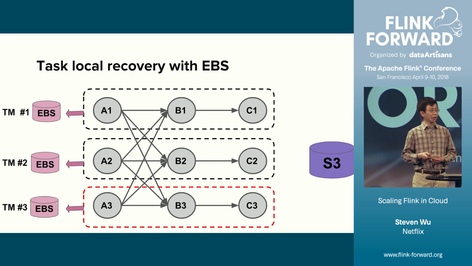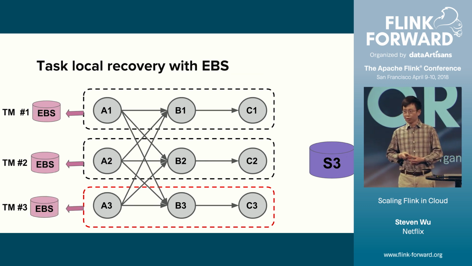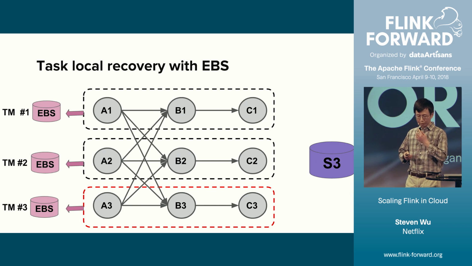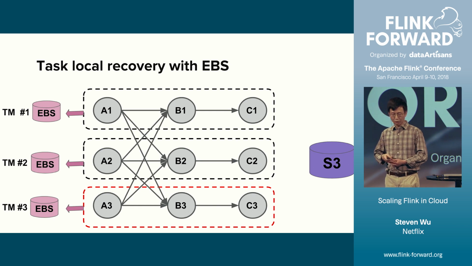And task local recovery even works better with EBS. For people who are not familiar with EBS, it stands for Elastic Block Store from Amazon EC2. It is like a network attached disk, so it can be a persistent EBS volume.